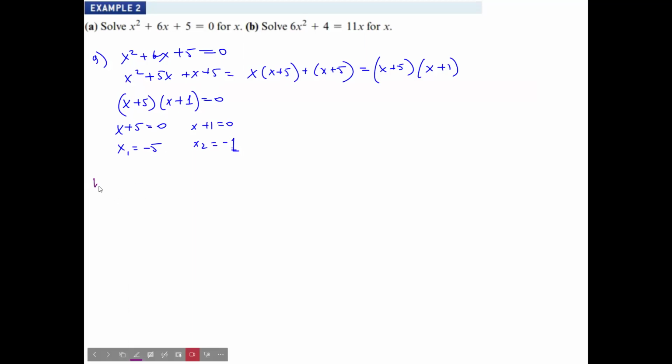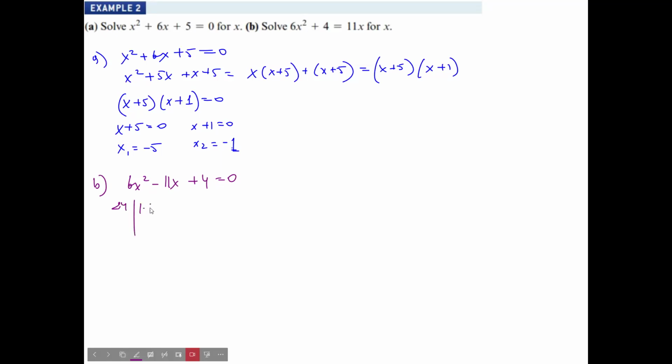So let's do it. B, 6x squared minus 11x plus 4 equals 0. That's the standard form. Now what do I have, 24, right? 6 times 4, no. Okay, let's do it this way.